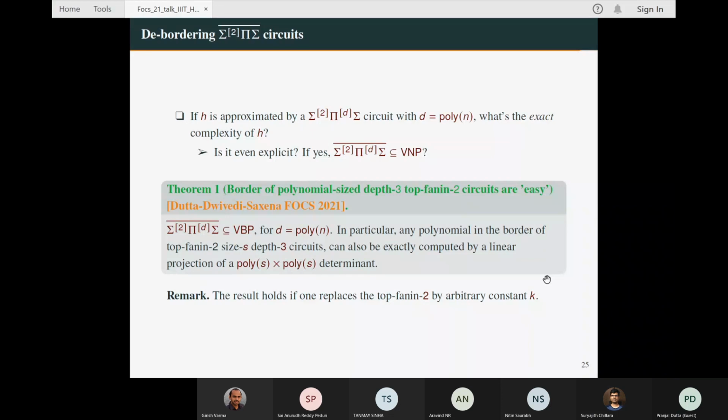log, so if I take k to be small o of log, then you still have a quasi-polynomial projection of the determinant. Right, yes. And VP is a class where you have quasi-polynomial projections of determinant.